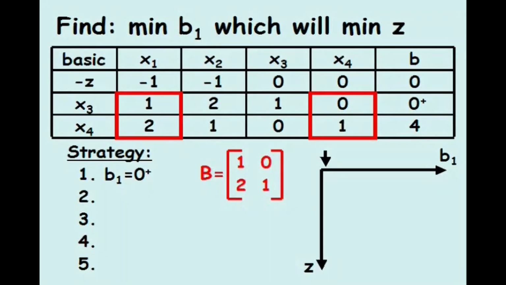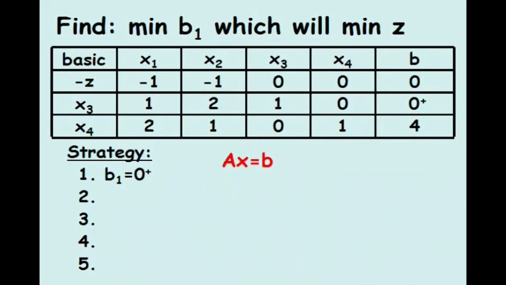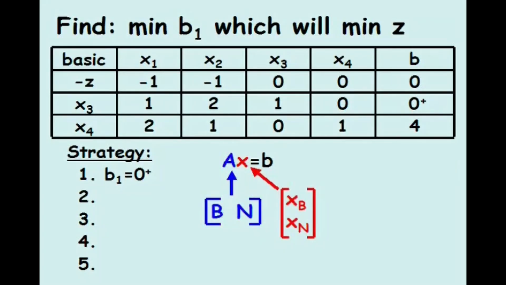In linear programming, the constraint set in standard form is AX equal B. Matrix A is composed of constant values which are either associated with basic variables, B, or non-basic variables, N. The decision variables, X, are non-negative for all basic variables XB, and equal 0 for all non-basic variables xn.